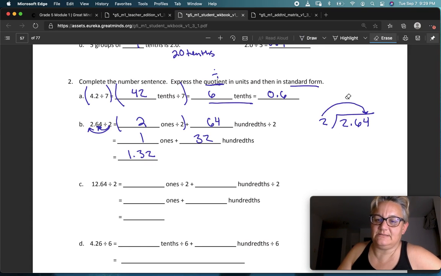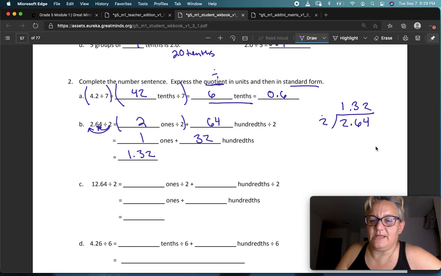So 2 goes into 2 one time with no remainder. 2 goes into 6 3 times with no remainder. And 2 goes into 4 2 times with no remainder. That's what they're doing: taking that place value and dividing by 2 each time. As long as these questions are very easy, that's all right. Once we start getting remainders and leftovers, then we have to do something different.